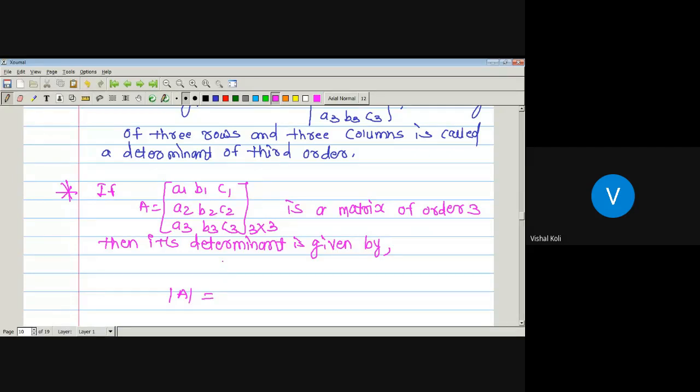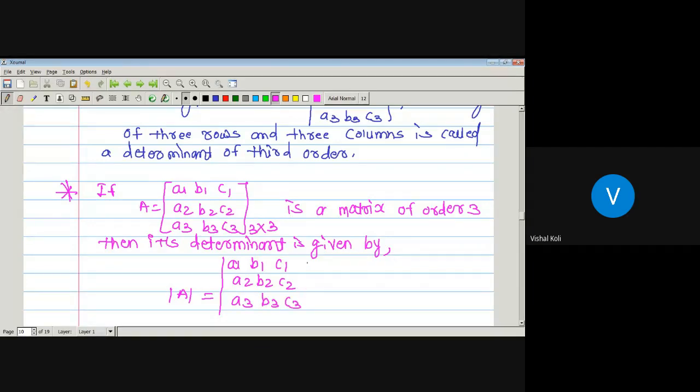Here we just replace the matrix symbol by the determinant symbol, and the remaining entries are the same as in the matrix. Then it is nothing but A1 B1 C1, A2 B2 C2, and A3 B3 C3.